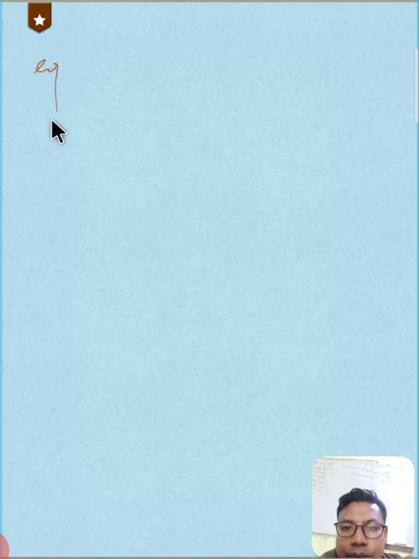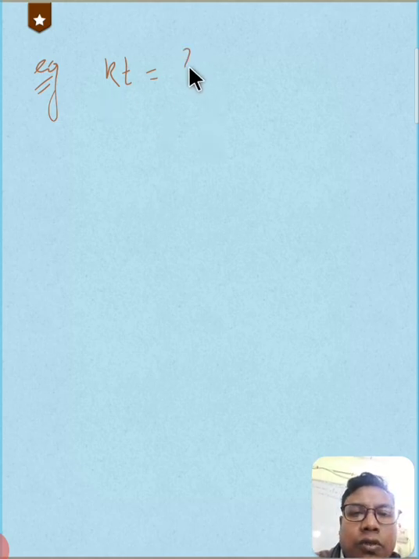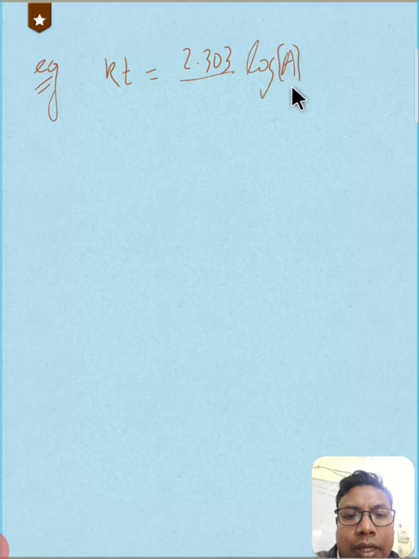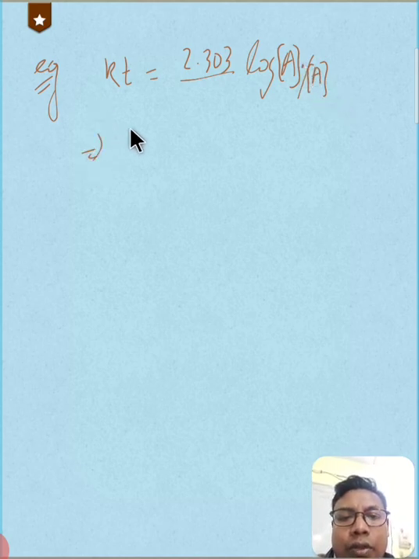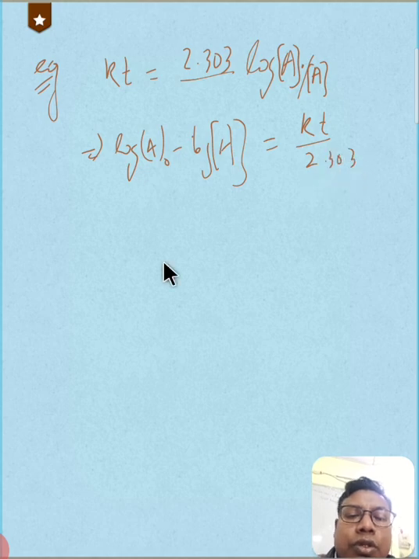Now as an example I am writing the first order kinetic equation. The integrated equation is kt is equal to 2.303 log a naught by a, where this is a naught and this is a, right? Okay, from here I can write log a naught minus log a will be equal to kt divided by 2.303.